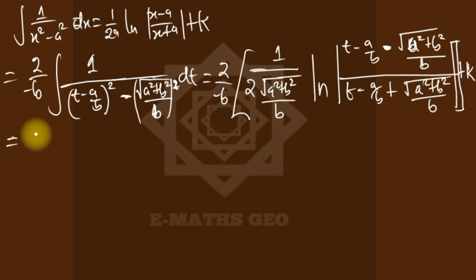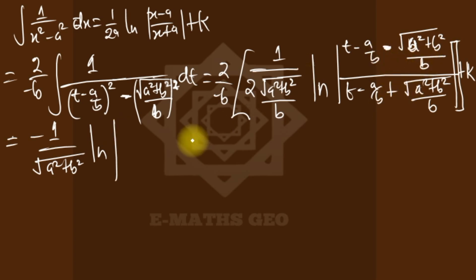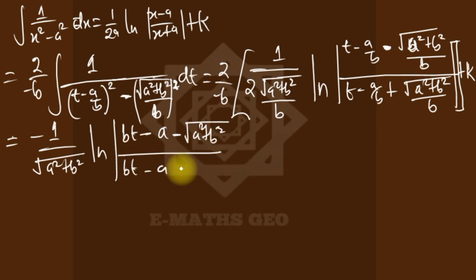So we still need to finish up something. This b goes up and the 2 cancels, so we are left with minus 1 over the square root of a squared plus b squared times ln of, as you can see, we see fractions, so we multiply each by b. So we have bt minus a minus the square root of a squared plus b squared, over bt minus a plus the square root of a squared plus b squared, plus k.